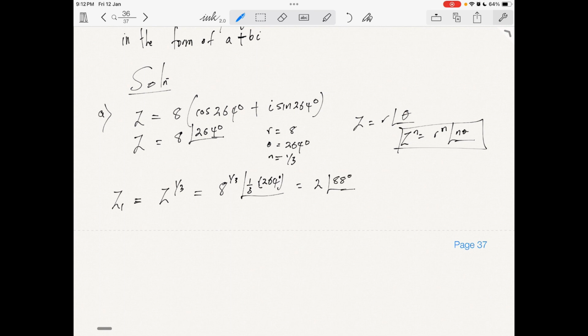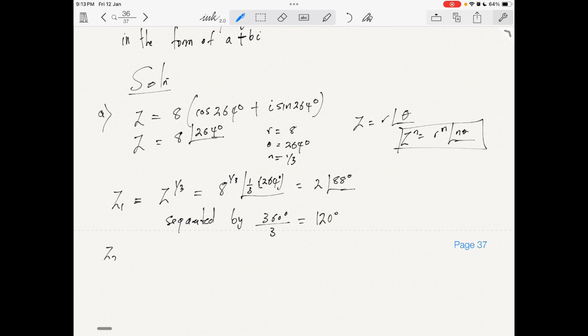Now, since we are evaluating 3 cube roots, they will be separated by 360 degrees divided by 3. So they are separated by 120 degrees. So z2, the second cube root, is separated from the first cube root by 120 degrees, and the third is separated from the second by 120 degrees.